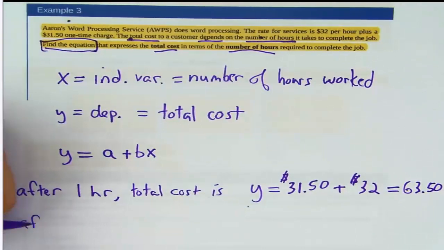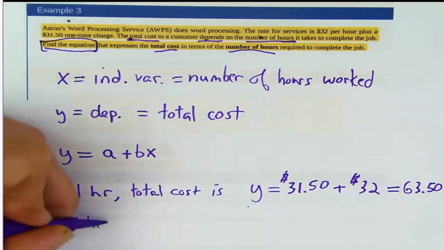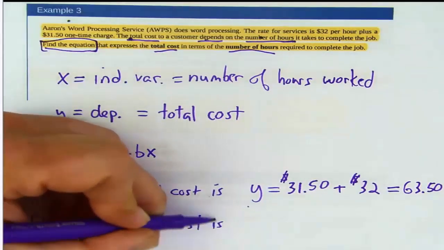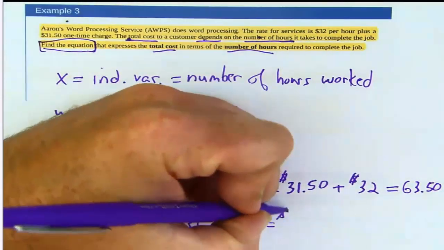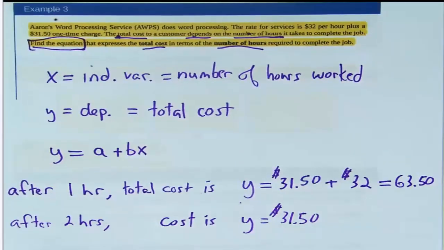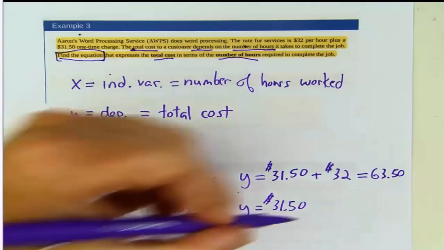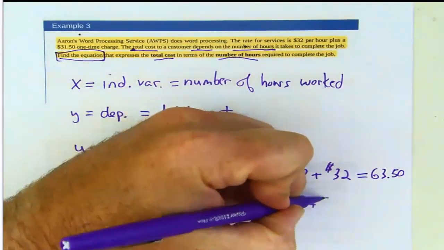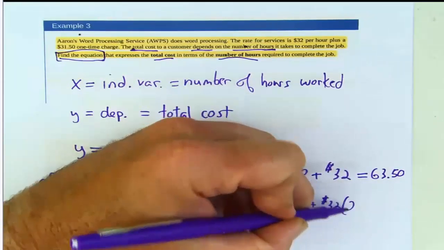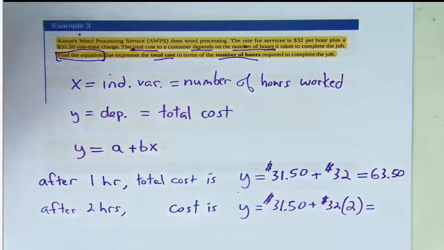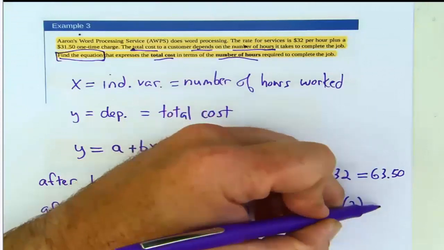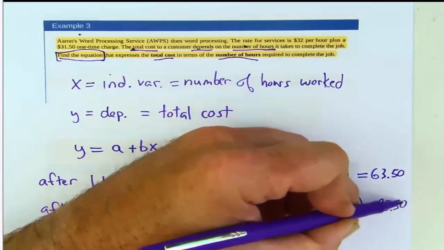And after 2 hours, total cost is y equals $31.50 plus $32 per hour times 2 hours. And that's going to come out to, let's see here, $95.50 if I did my arithmetic right.